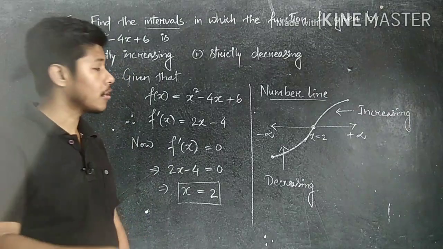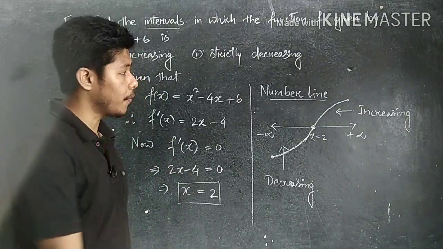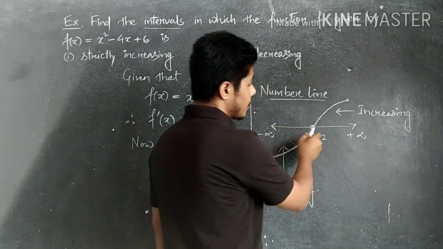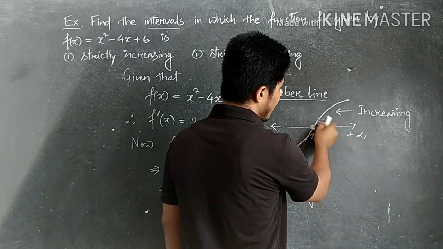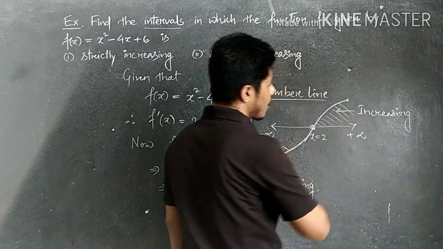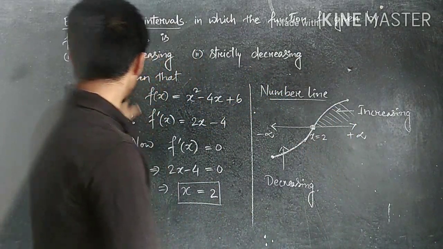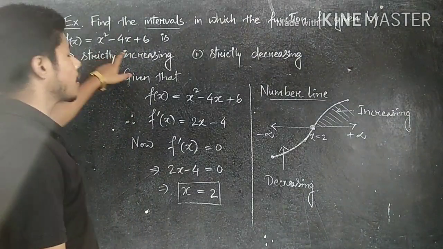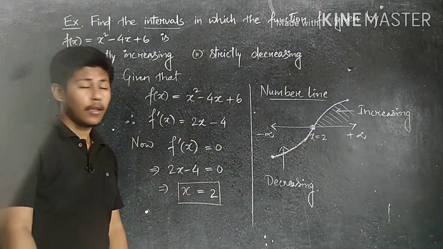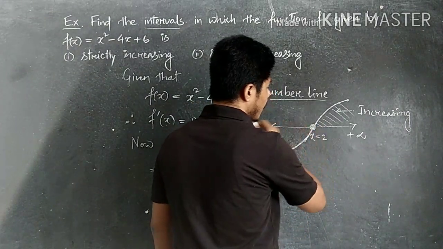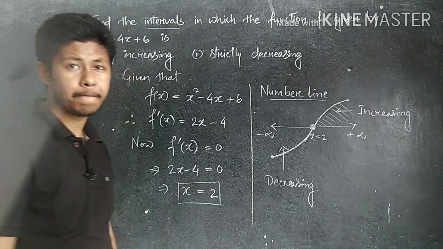Is it clear? So now here we have to write down the interval. For the interval you see, the separation has happened, so this part, the above part, is known as the increasing part. Now the question is given: find the interval in case of strictly increasing. In case of strictly increasing, the points whatever we get are not included.